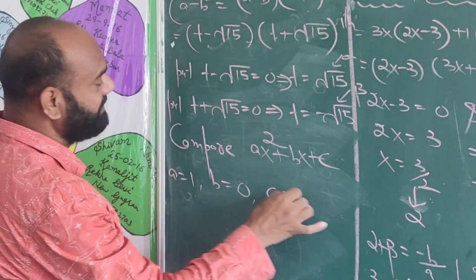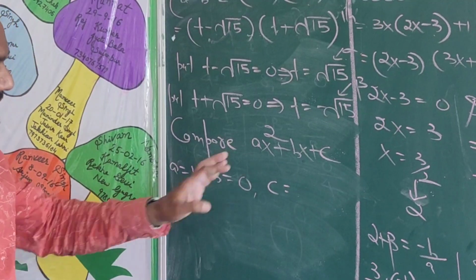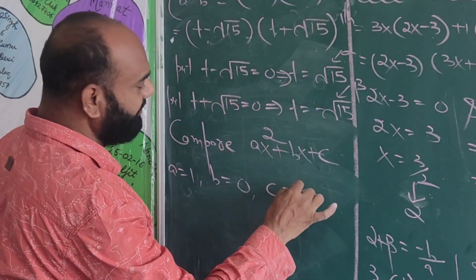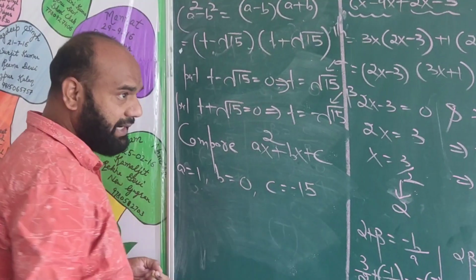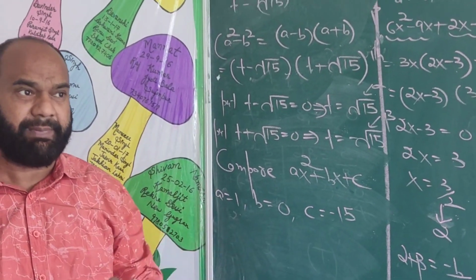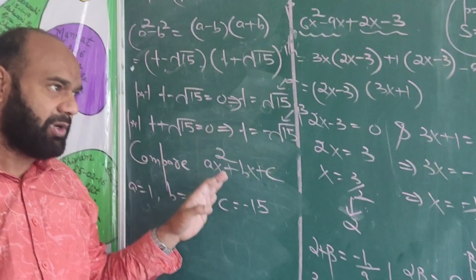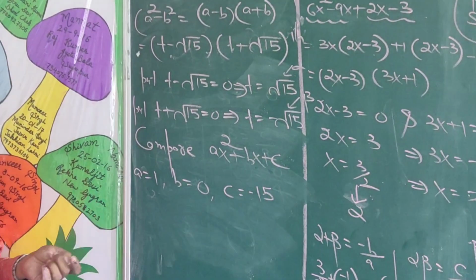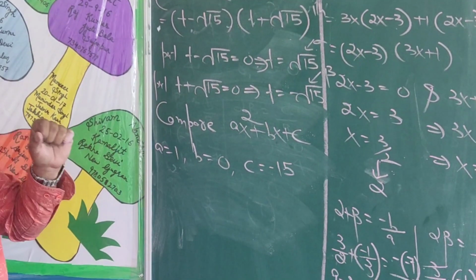And c means the constant term, without x, and here without t, so the constant term is minus 15. Because by definition, any term which is independent of the variable is said to be the constant term. And it is to be noted the degree of a constant term is always 1.